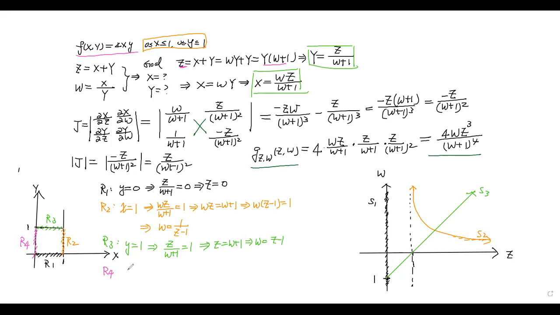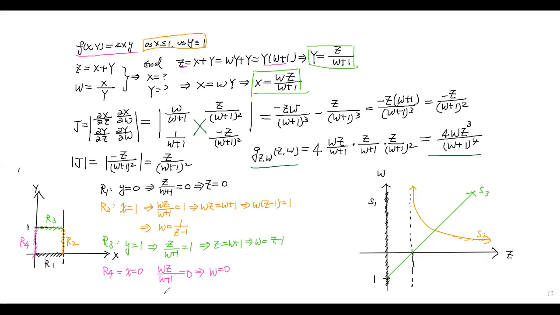R4 is what? R4 is x equal to 0, right? So x equal to 0 means wz over w plus 1 is equal to 0. Then I know I'm going to have w equal to 0 here. So you might ask why I said wz equal to 0, not z equal to 0.